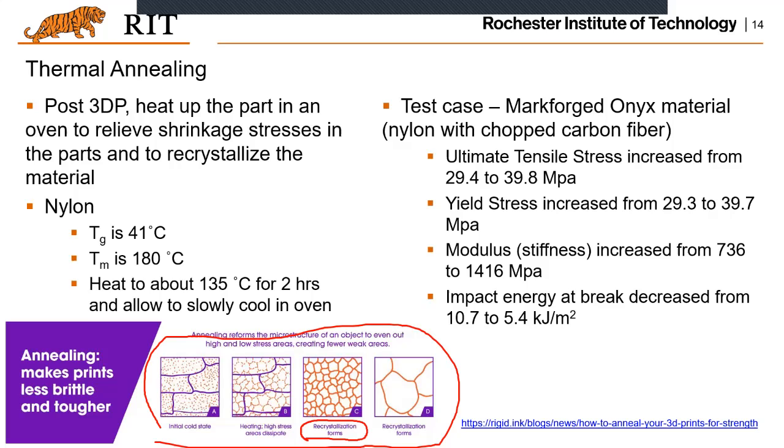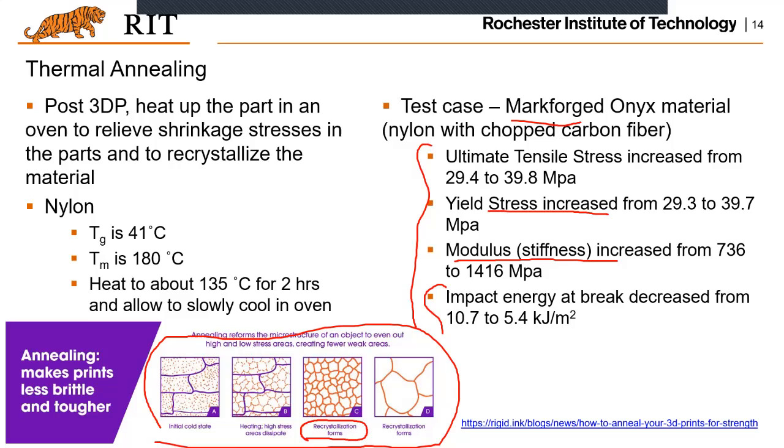For example, with our Markforged Onyx material, there will be an increase of the ultimate tensile stress after this thermal annealing, and the yield stress increases. Also, the stiffness is increased. But there's one thing decreased, that is the impact energy at break.